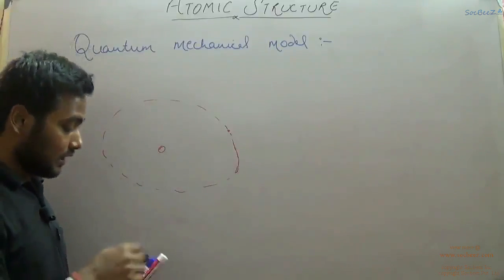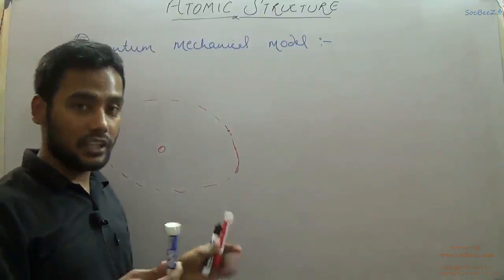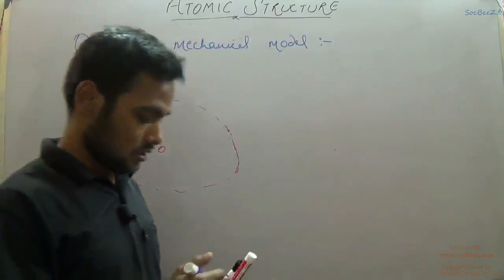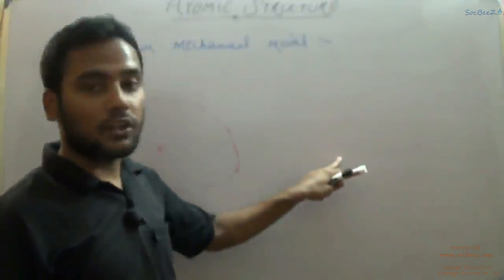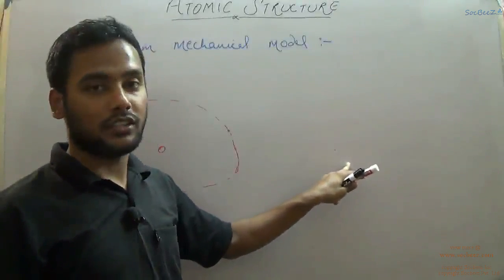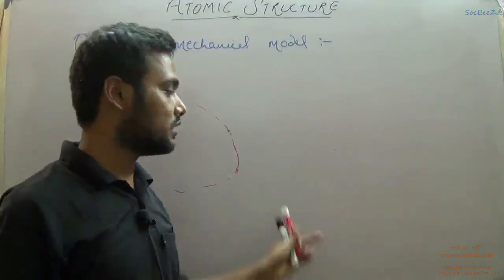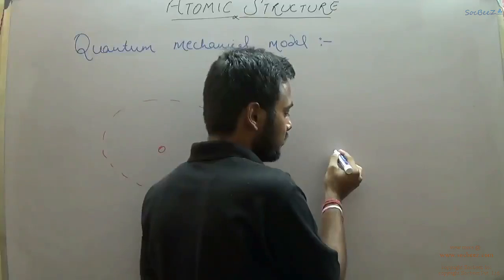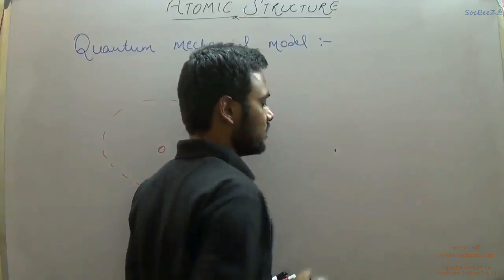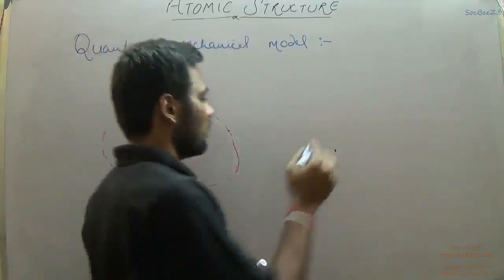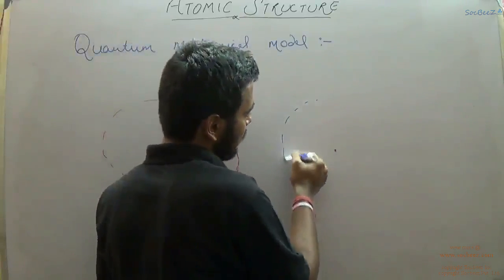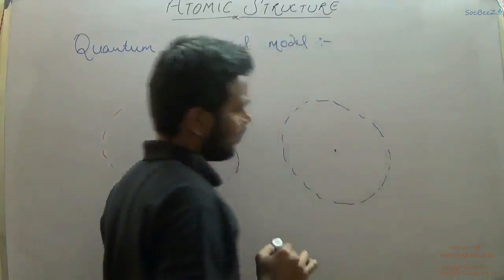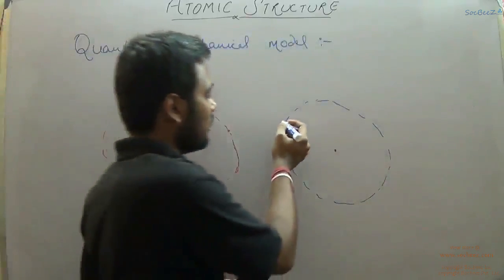But in case of an electron, suppose this is the nucleus. This particular dot is very, very big to be called a nucleus, but still, in order to clarify things, this dot is the nucleus, and the electrons, suppose, are revolving around this nucleus.